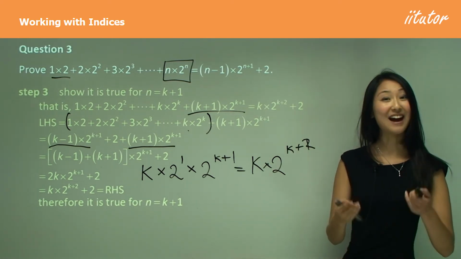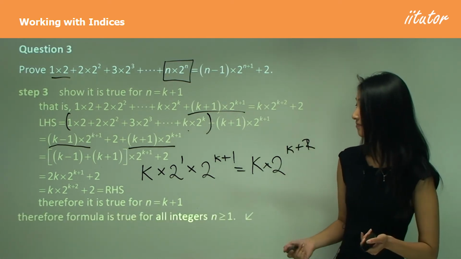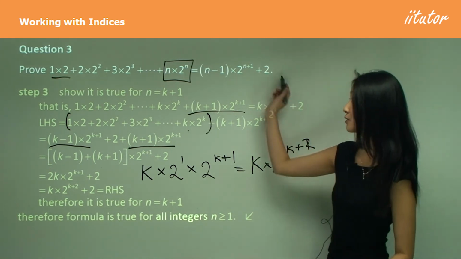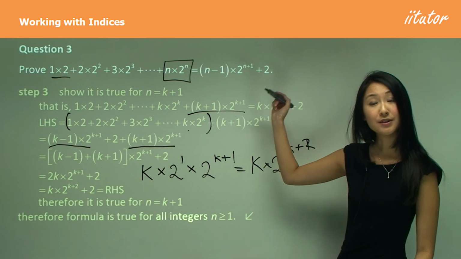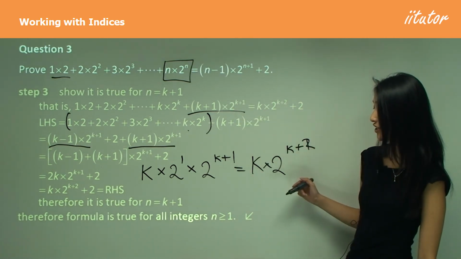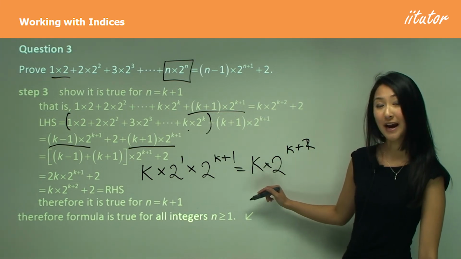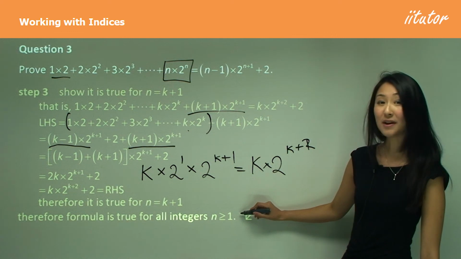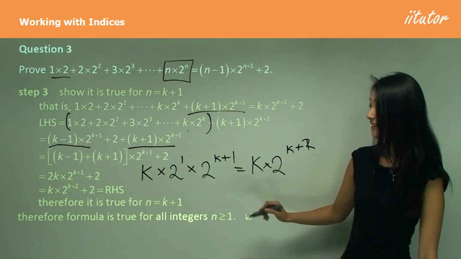So now we need our conclusion, which is, therefore the formula, so in your exam you would prefer to write this out in full, so therefore this is true for all integers n greater than or equal to 1. So remember how I taught you to always check, was the initial value n equals 1? Yes? Good.